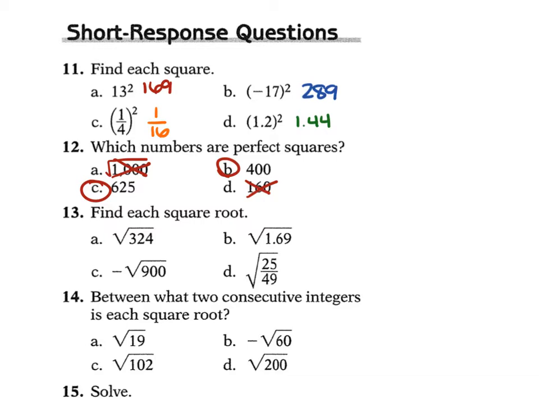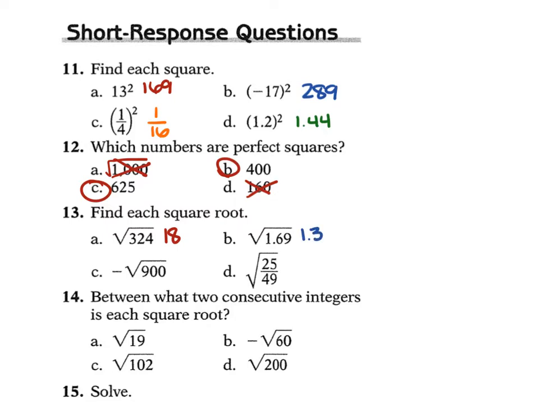For 13, we're finding the square root of each of these. So for A, we have 324 that we're finding the square root of. 18 times 18 is 324, so that's just 18. For B, we have 1.69. You know that 169, if you find the square root of that, it's 13, but there's a decimal point there, so this is going to be 1.3.